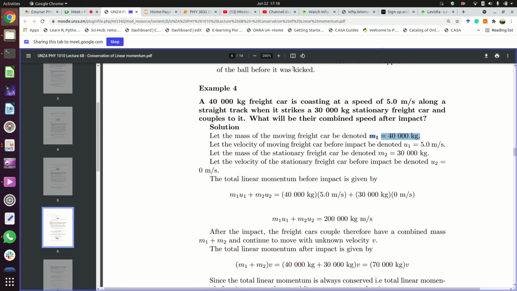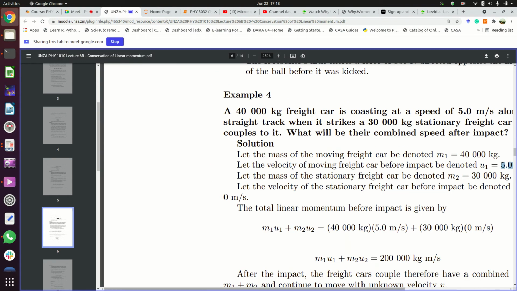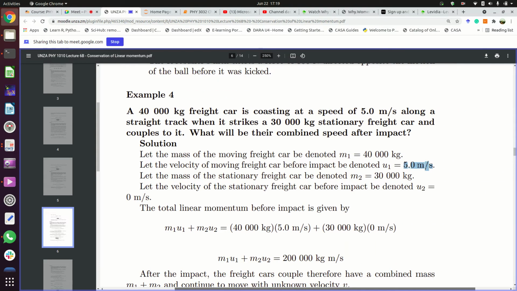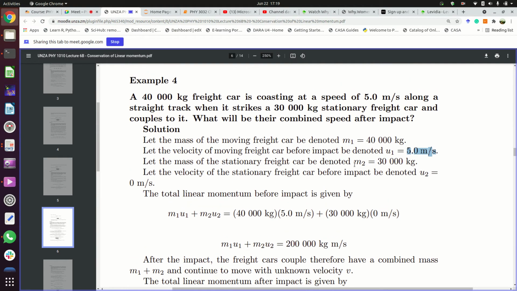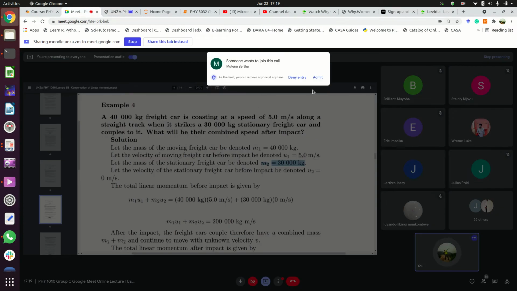So it has got a mass of 40,000 kg. Its velocity before they collide, we denote as U1, the velocity of the first car before collision, and that velocity is 5 meters per second. The second freight car, which is stationary, we denote its mass as M2, and it has got a mass of 30,000 kg.